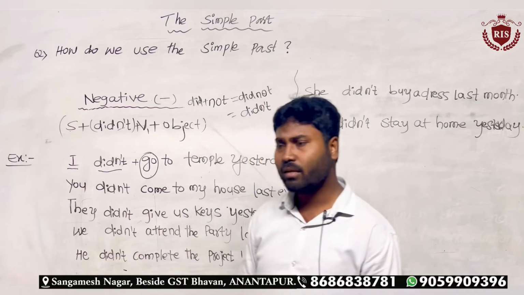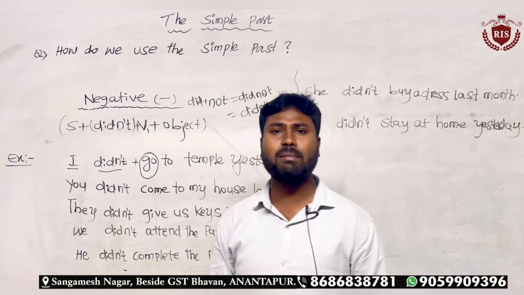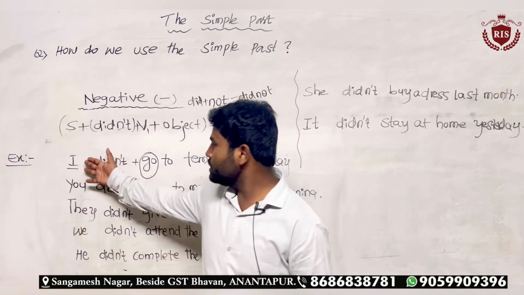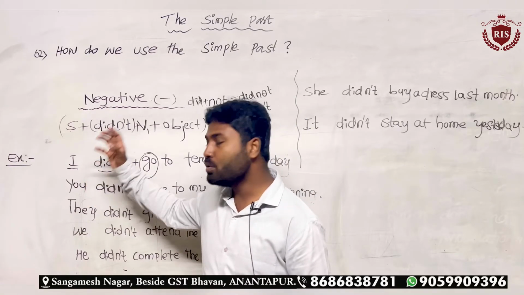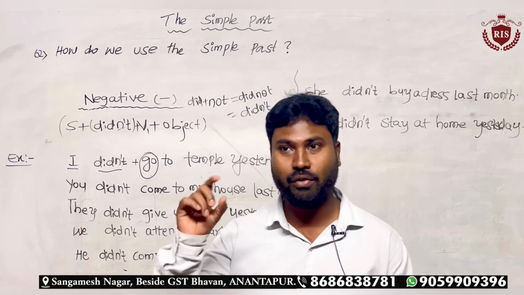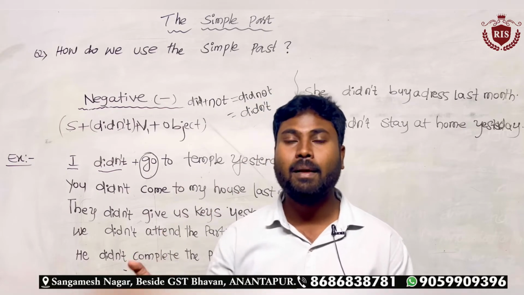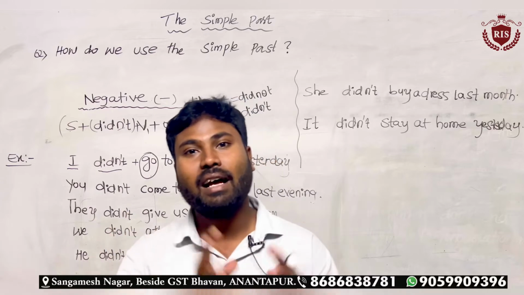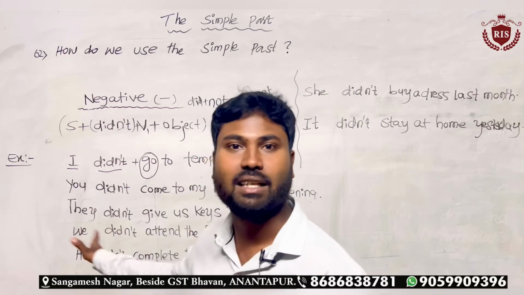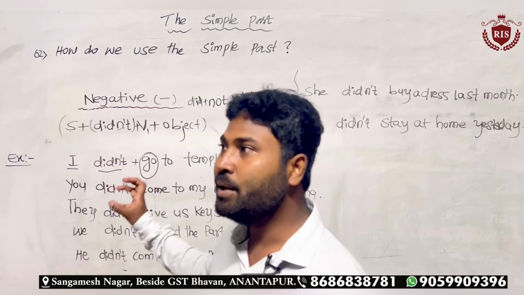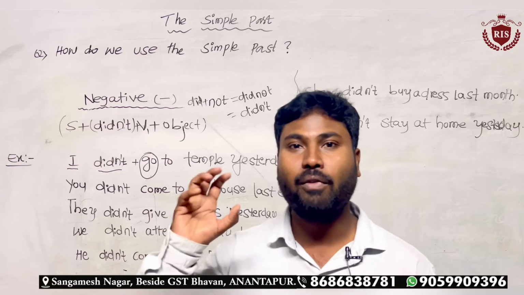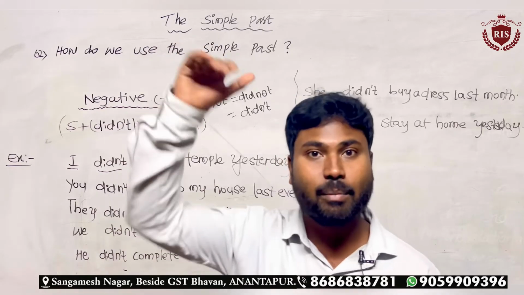Now, in the present simple, what do we use? We use doesn't as a negative form, so we add not to the auxiliary does for the pronouns he, she, it, right? And we add not to the auxiliary do for the pronouns I, you, we, they in the present simple.